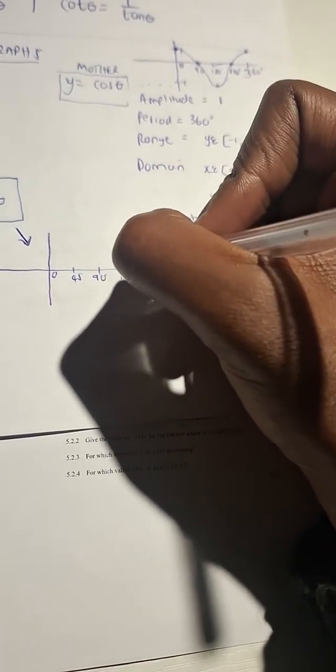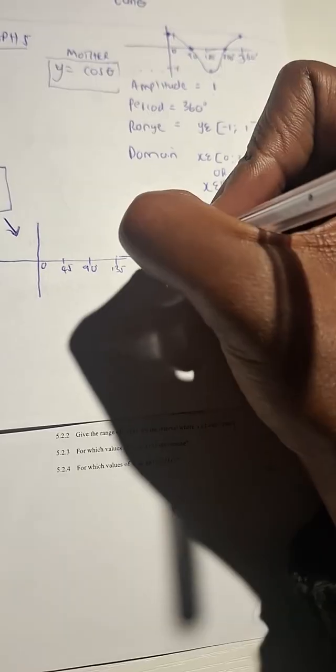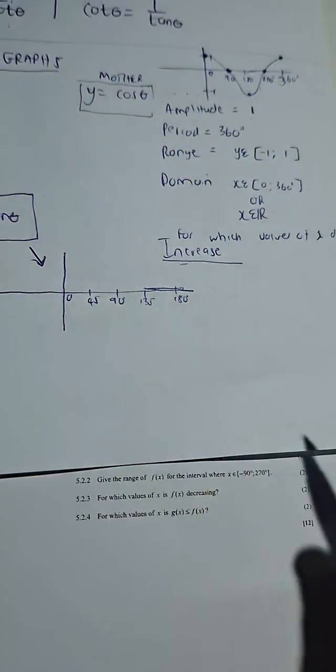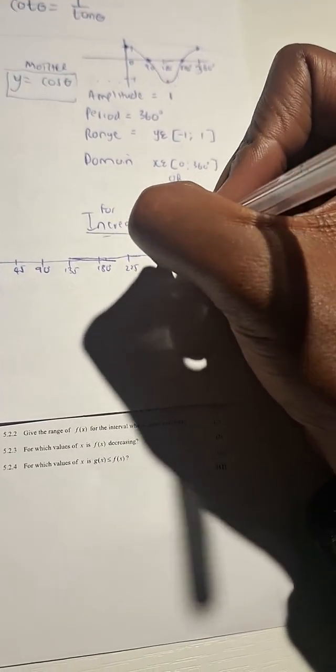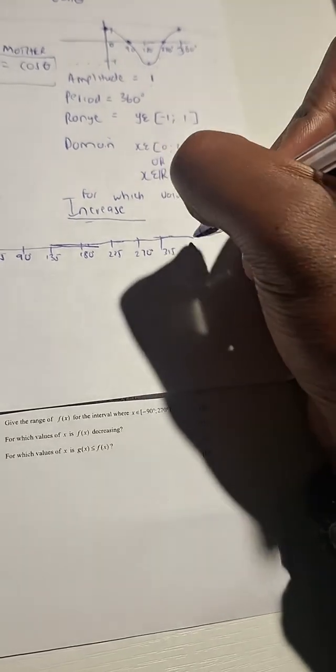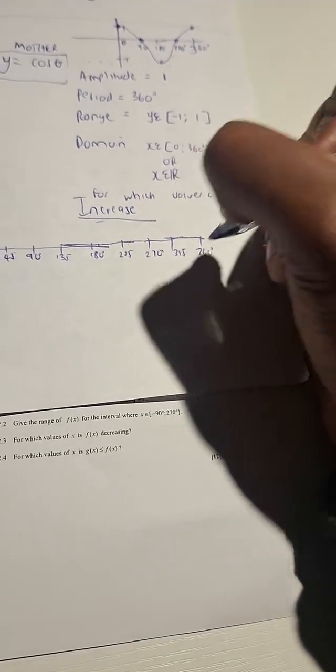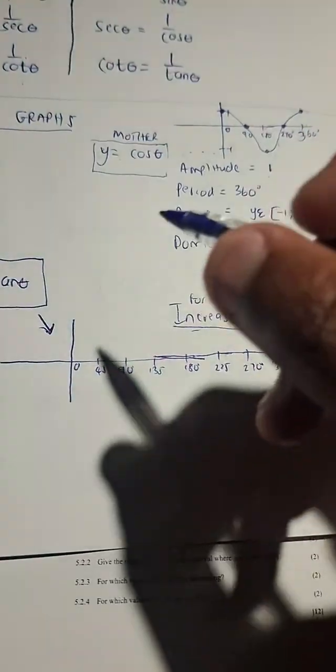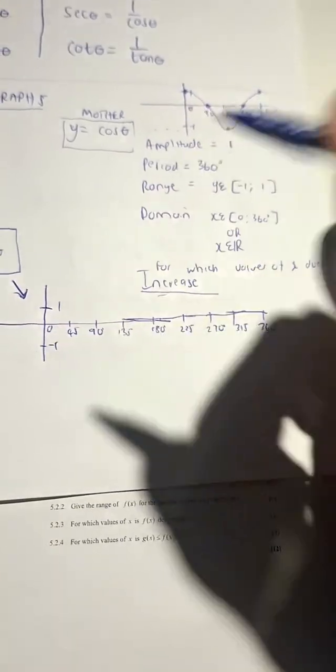First things first, how does this function look? 0, 45, 90, 135, 180, 225, 270, 315, 360. I just want to show you something by doing this actually. 1, -1.